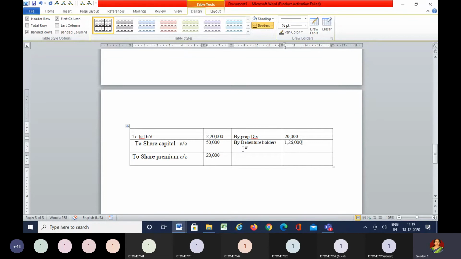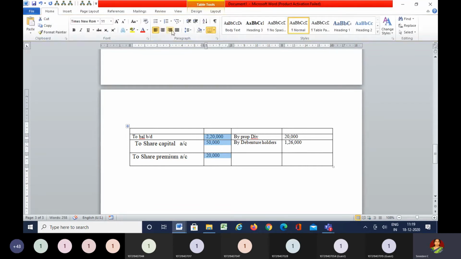Let's find out the bank balance. The debit side total is 2 lakhs 20, plus 50, plus 20, and 2,90,000. Is the total 2 lakhs 90? Okay. And how much is on the credit side?